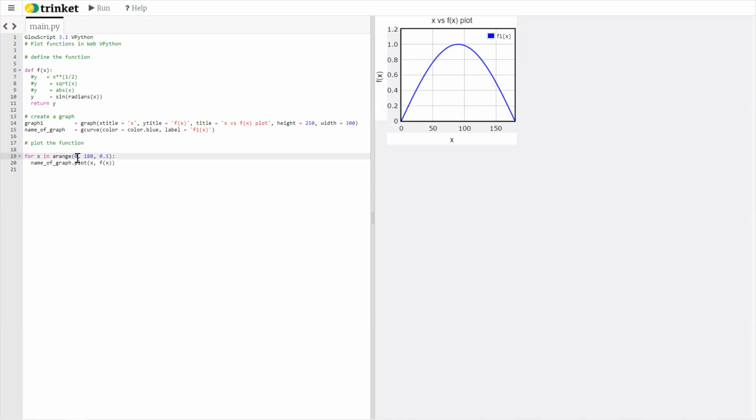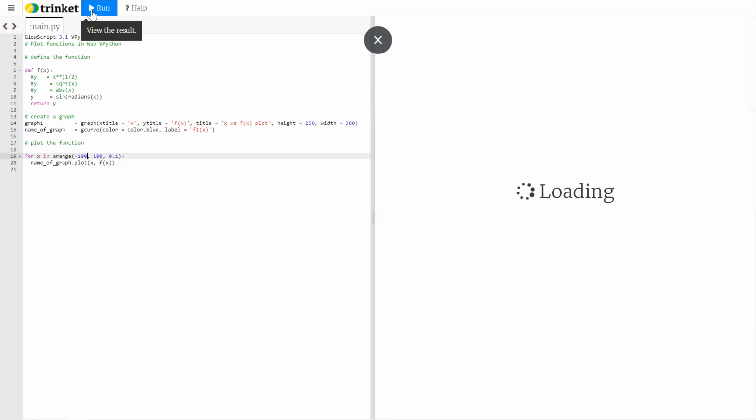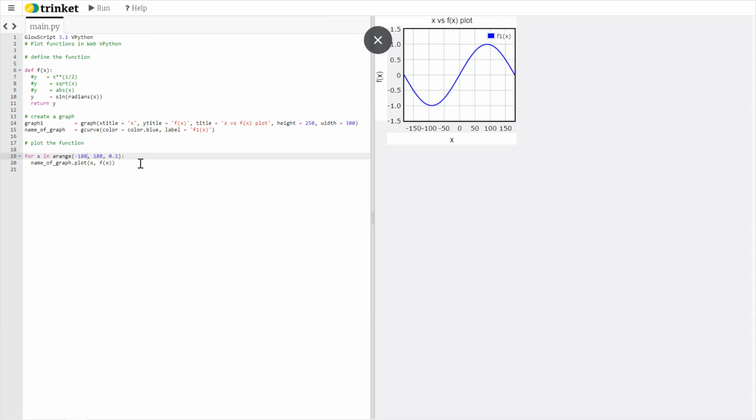This should be from negative pi to pi, so from negative 180 to 180. Okay. So if you make this cosine and the input is in degrees, you still use radians.